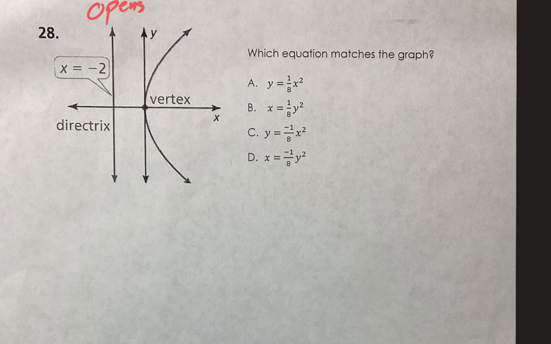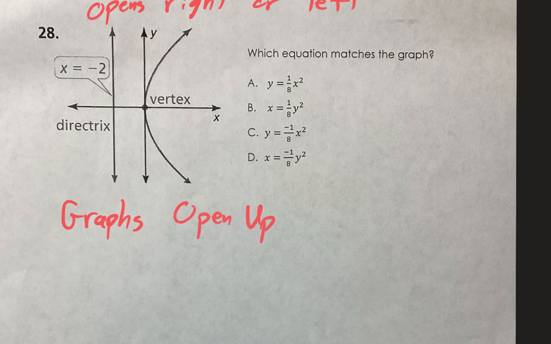Okay, so real quick, my graph opens right or left. Okay, we are pretty familiar with the graphs that open up or down, and those are in the form y equals a x squared.